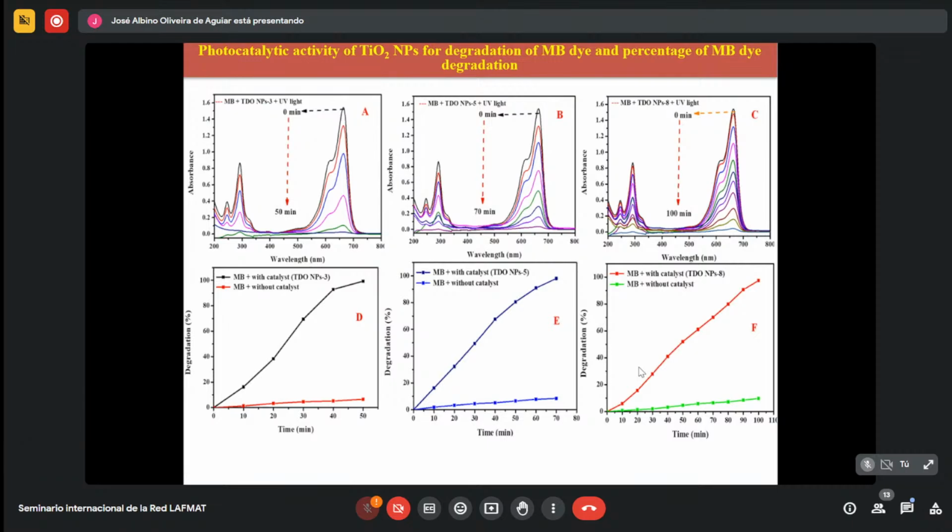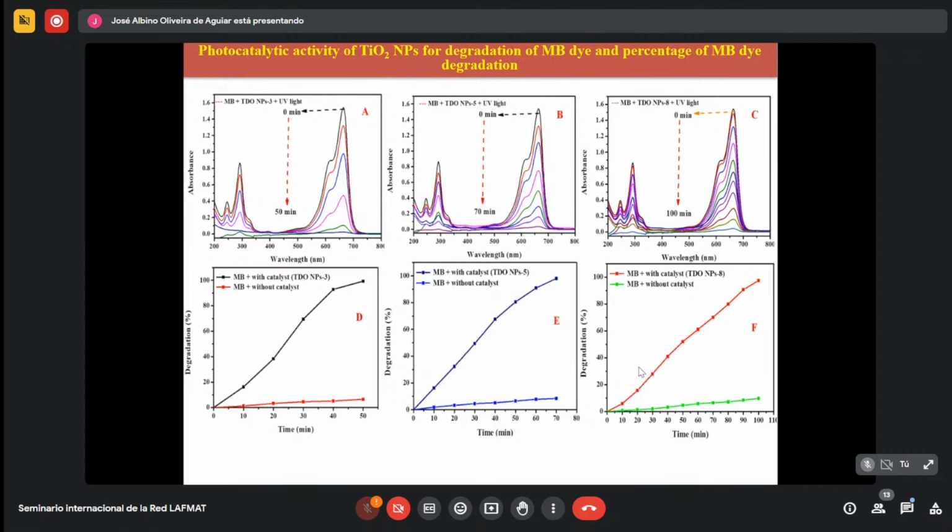Initially, this is the dye molecule at 0 minutes, and every 10 minutes we collect the dye solution. We identify that the absorption of the dye solution gradually decreases, which means it degrades within 15 minutes.